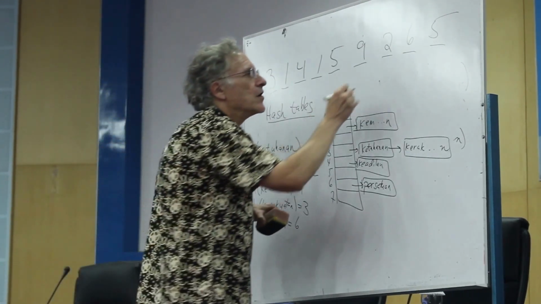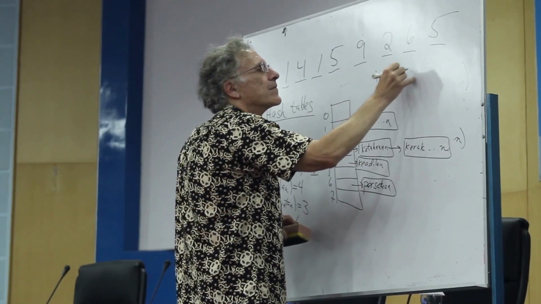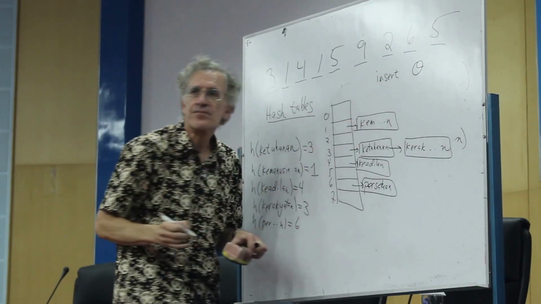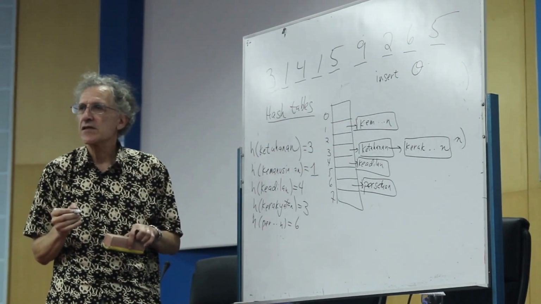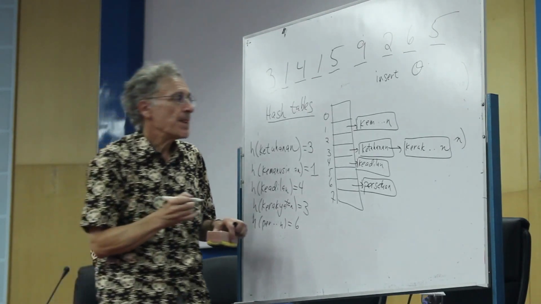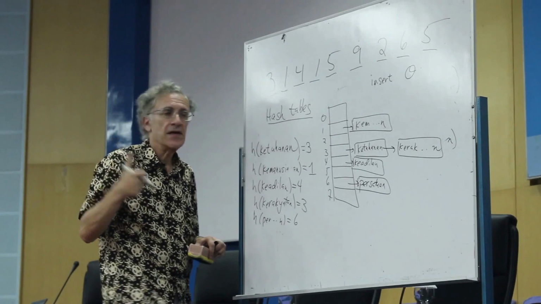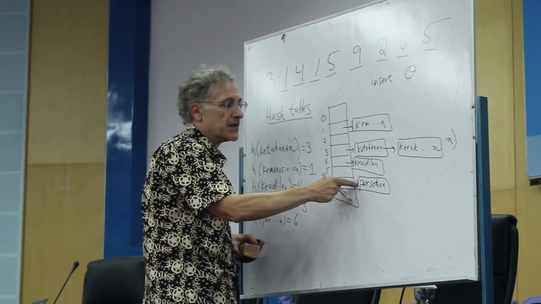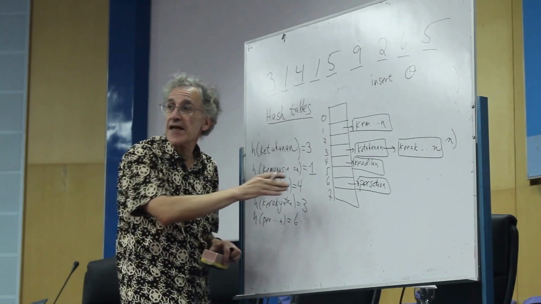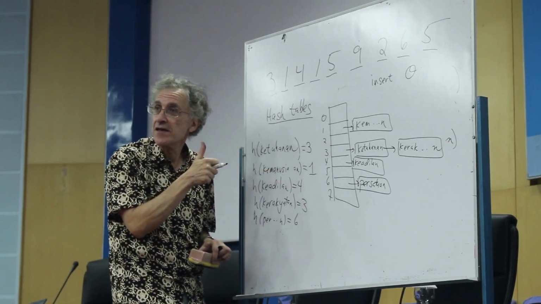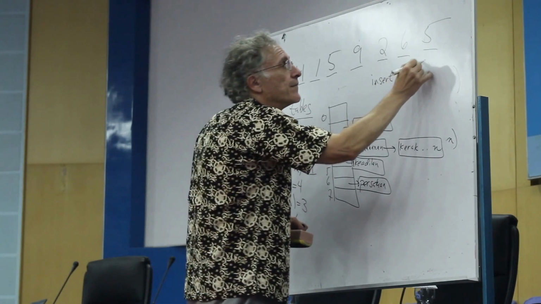Therefore, what is the cost of insert? To insert a new word into this hash table, I must do a calculation. I count that as 1 step. I must find the place in the table and maybe walk to the end. That's average length of list, which is 1, and put it in the end. That's 1. It's order of 1.